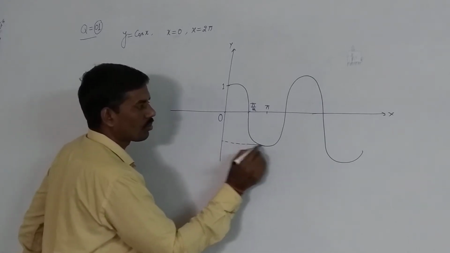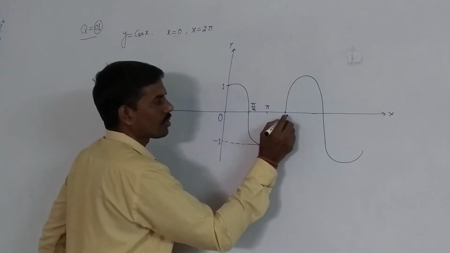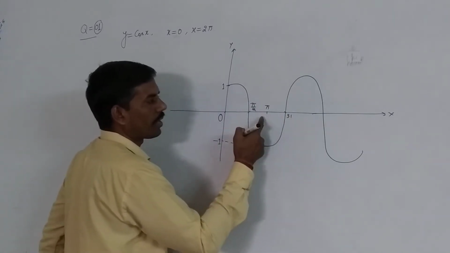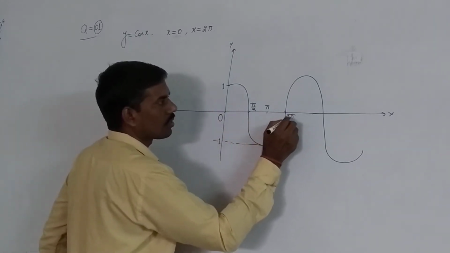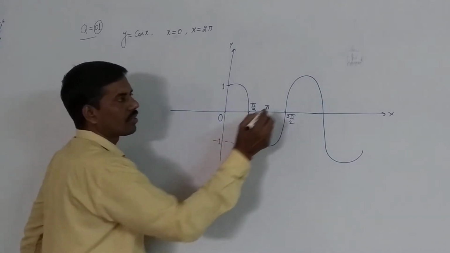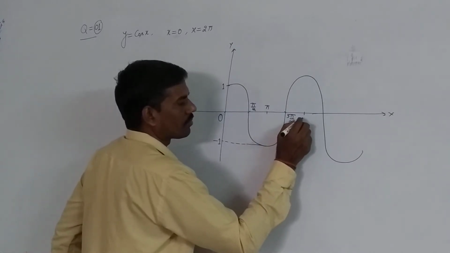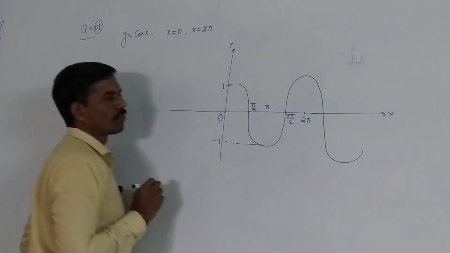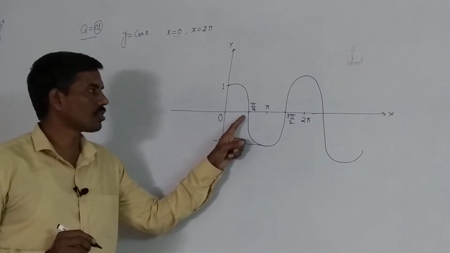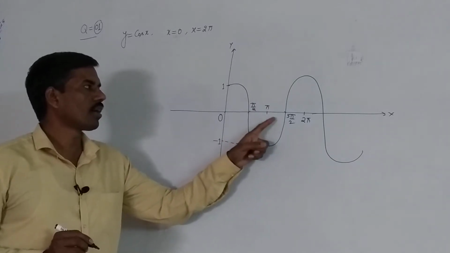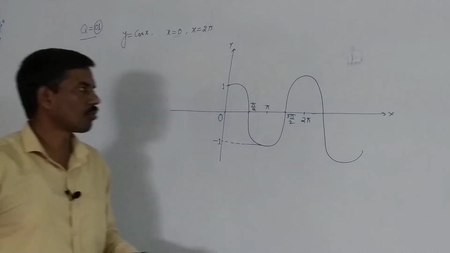Then pi plus pi by 2 is 3 pi by 2, and 3 pi by 2 plus pi by 2 is 4 pi by 2, that is 2 pi. Cos 90 is 0, and cos pi is minus 1.